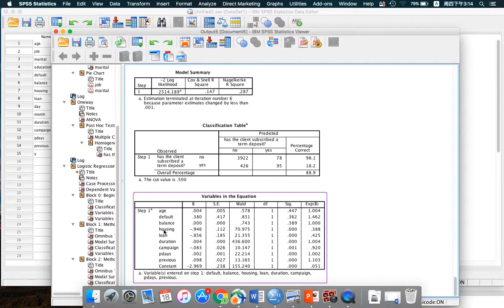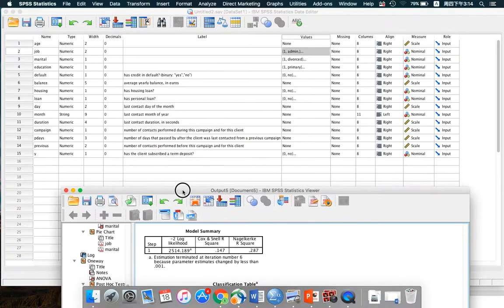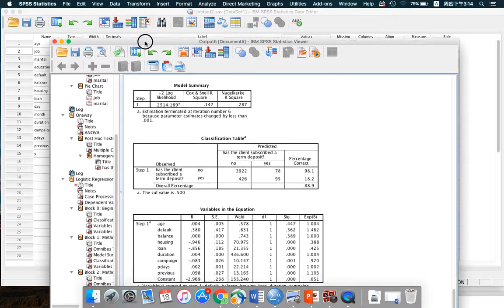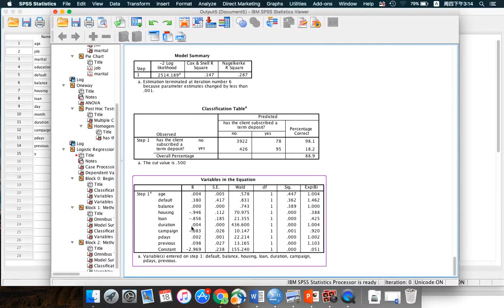When people have a housing or personal loan, they are less likely to make a deposit. The duration is how long they talked on the last contact, and it's positive, which means when people are talked to longer on the last contact, they are more likely to make a deposit.